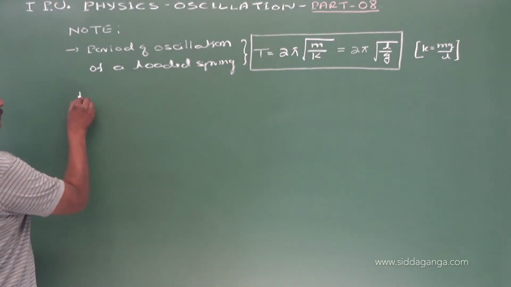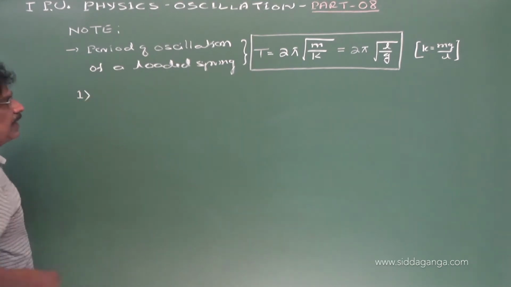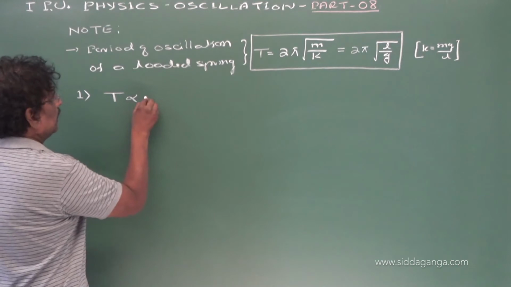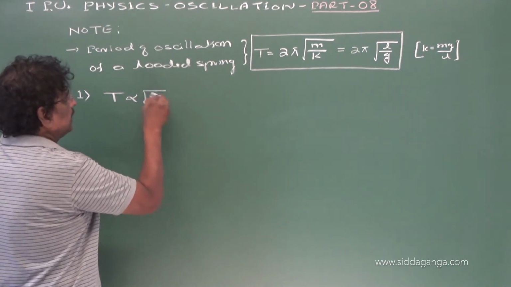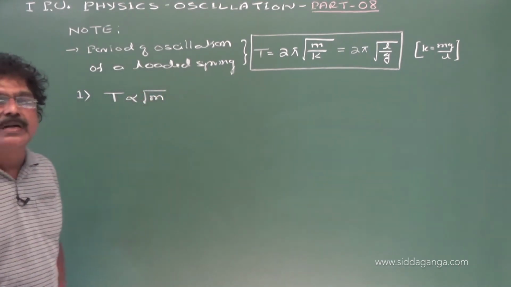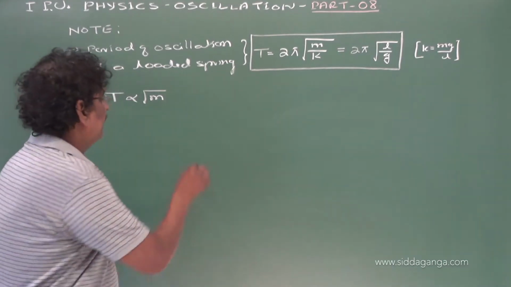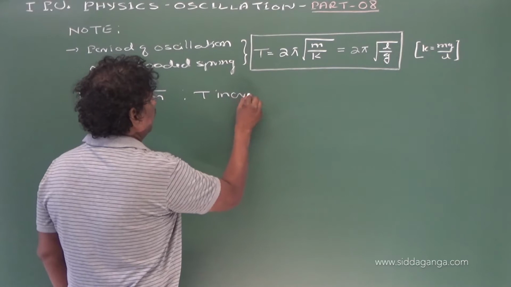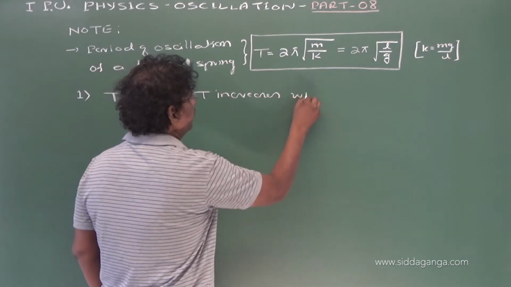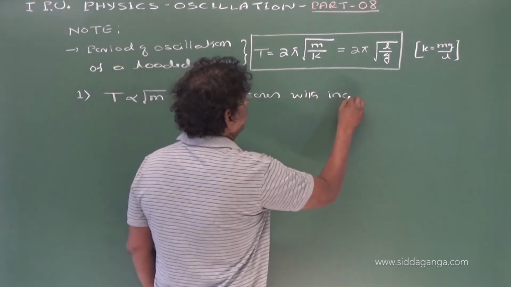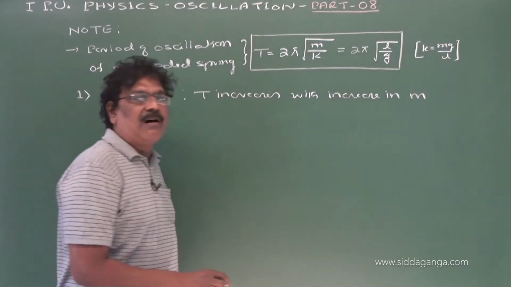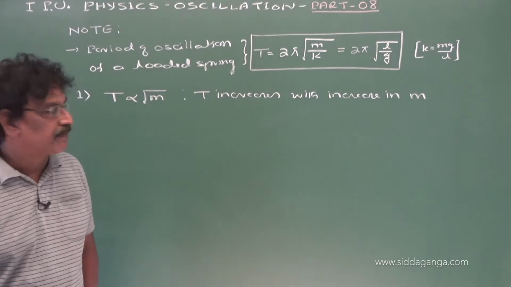Now, from this expression, the period of oscillation of a loaded spring depends on the mass. That means T increases with increase in mass of the suspended body.